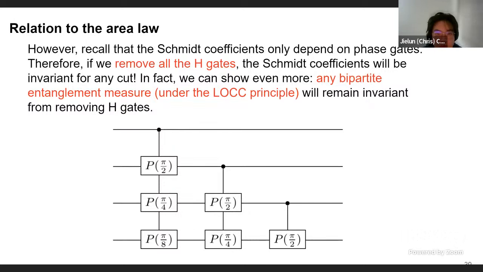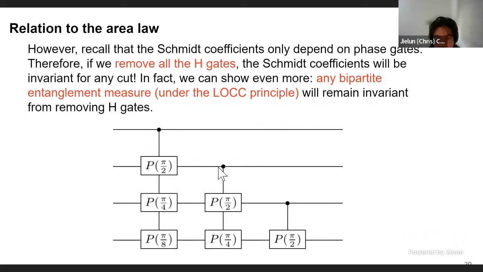Therefore, if we remove all the Hadamard gates, the Schmidt coefficients will be invariant for any cut. In fact, we can show even more: any bipartite entanglement measure under the local operation and classical communication principle will remain invariant when removing the Hadamard gates.